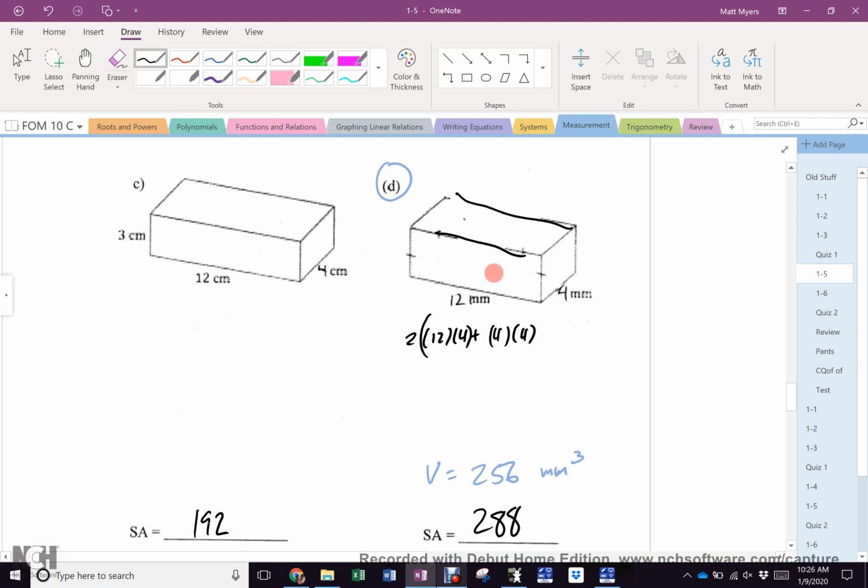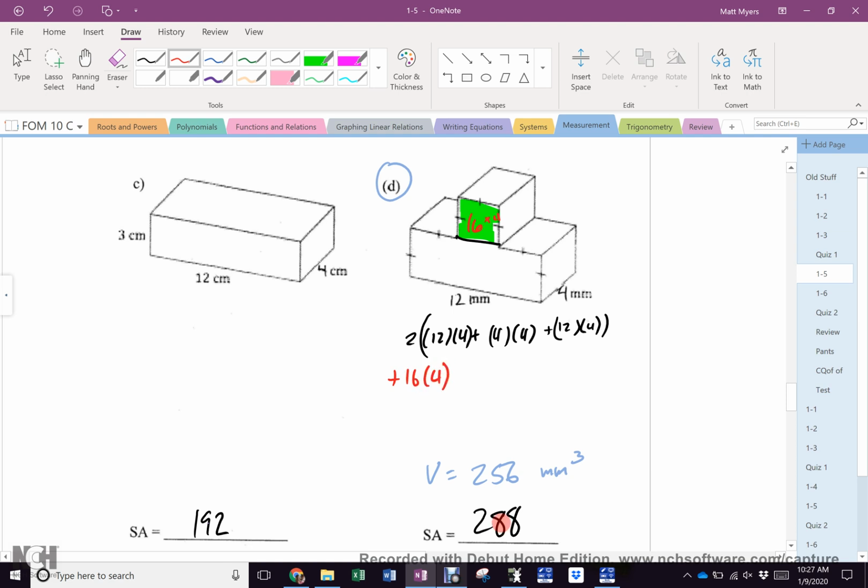So I've covered the front, the bottom, and the top. The two sides, what's the front? It's 12 times 4 again, right? And that covers this whole bottom, yes? And then all I did was add this how many times? Well, that is 4 by 4, right? So it's 16 times 4. And that will get me 288.